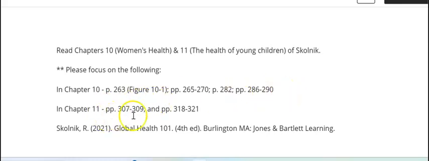In chapter 11, only a couple of pages: 307 to 309 and then 318 to 321. This is from your Skolnick text, but you don't have to read the full two chapters. I want you to focus on specifics of these pages.